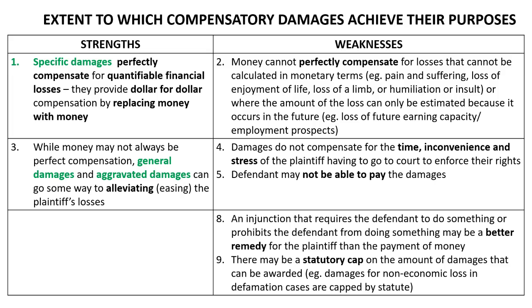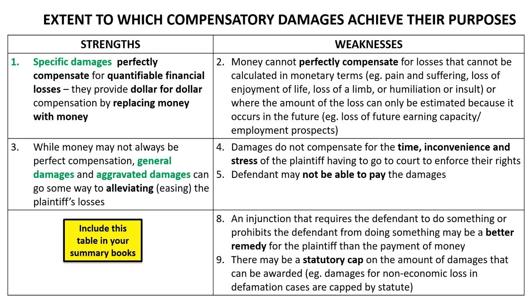Now, I've numbered the items in this table in the order that I would refer to them if I was to answer such a question. Please include this table in your summary books, together with any other notes on the table that you need to understand it. Starting off with specific damages: they are able to perfectly compensate a plaintiff for quantifiable financial losses that the plaintiff has suffered, such as lost wages and medical expenses.